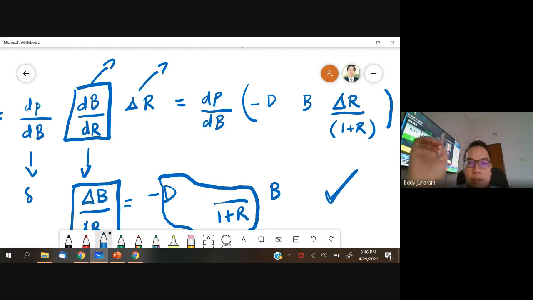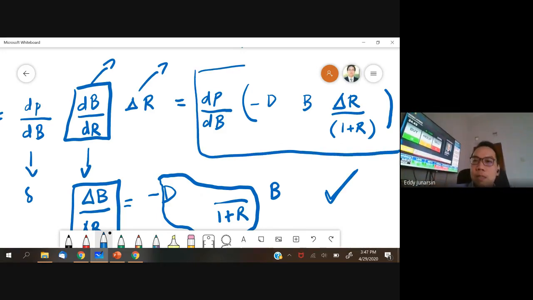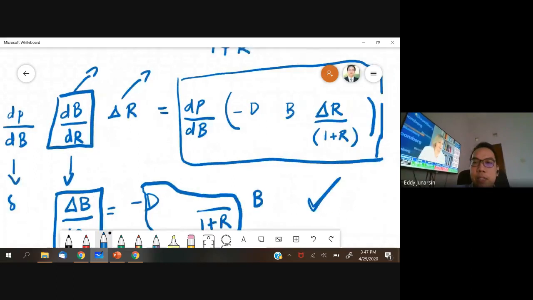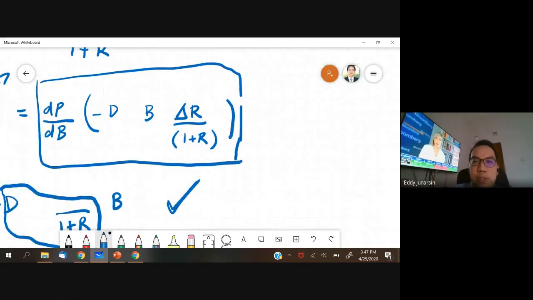Okay, so here you see the change in the option value.